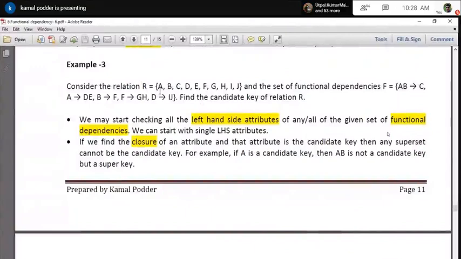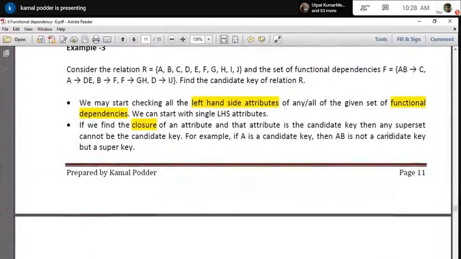Here also take another example. Here we may start by checking the left hand side attributes of the given set of functional dependencies. We can start with a single left hand side. Okay, generally, if you find the closure of an attribute and that attribute is a candidate key, then no superset can be a candidate key.